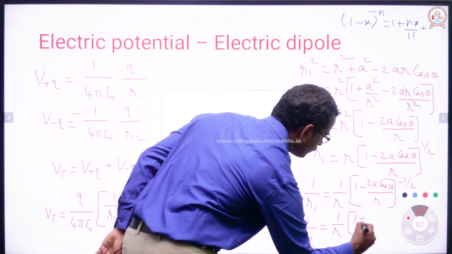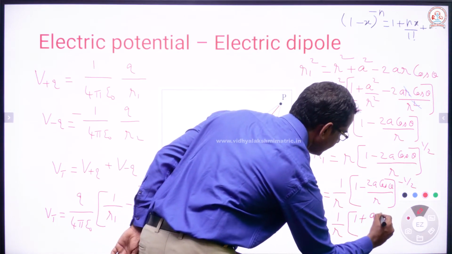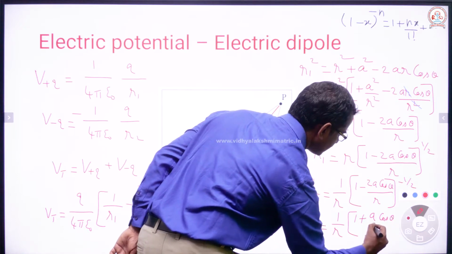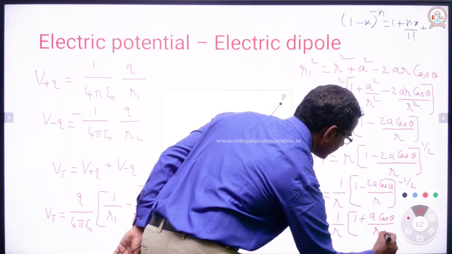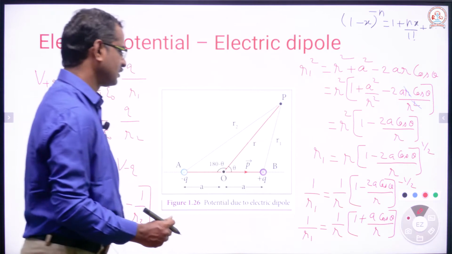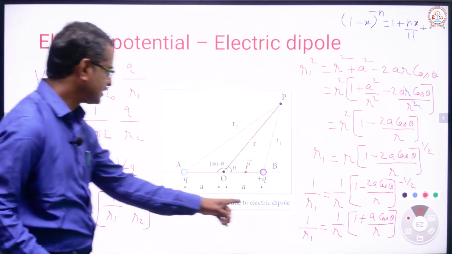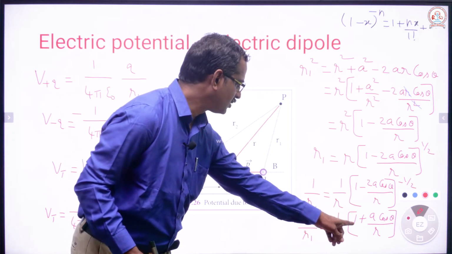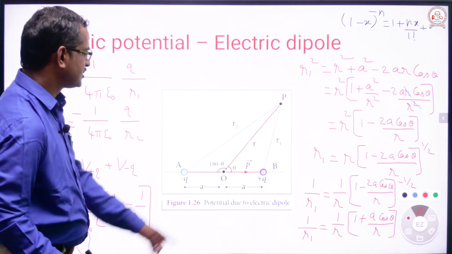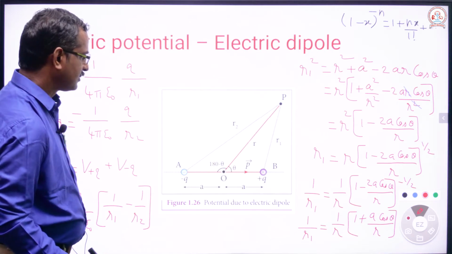Then we get 1 plus a cos theta divided by r. So 1 by r1 is equal to 1 by r into 1 plus a cos theta by r. Let us keep this value in mind.